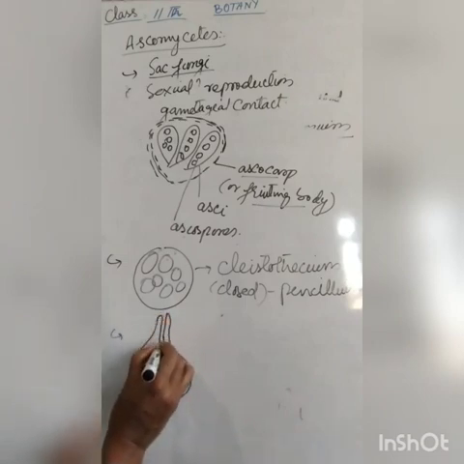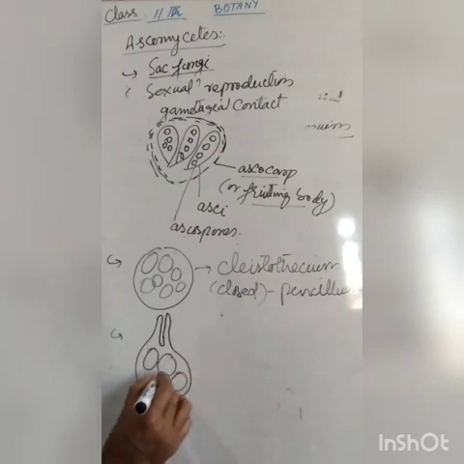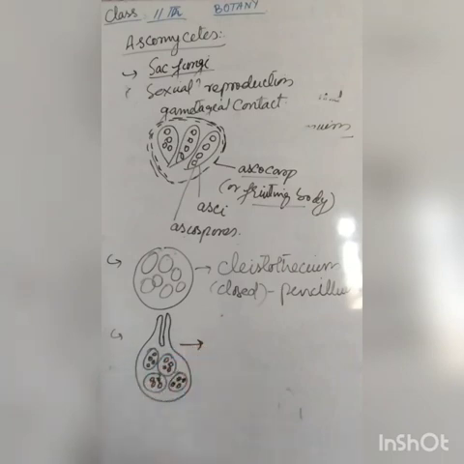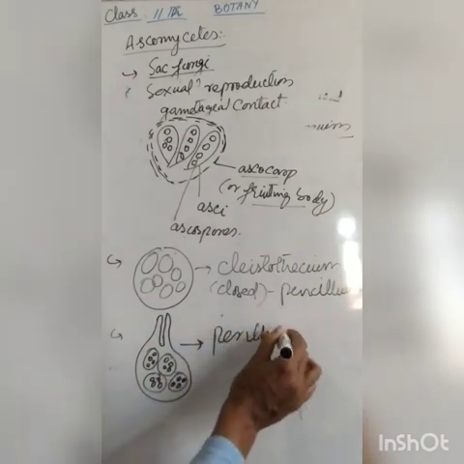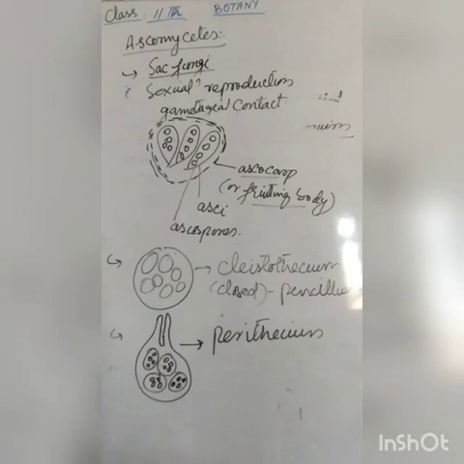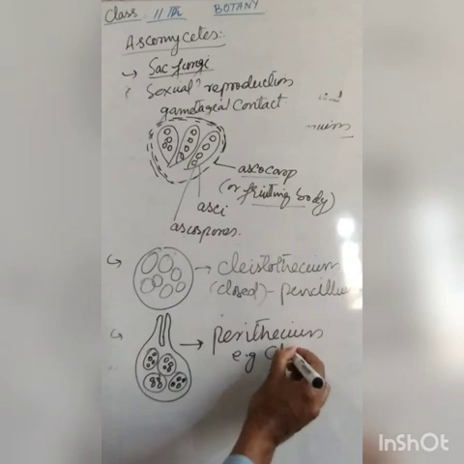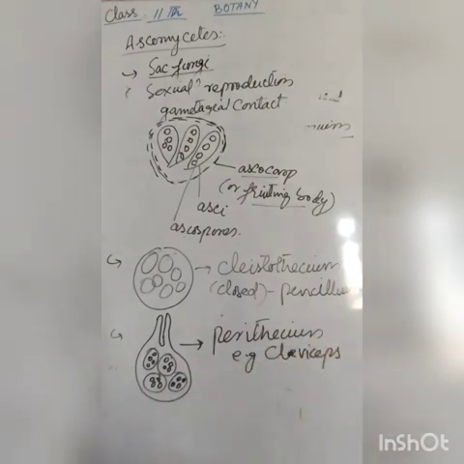This is flask shaped, and it has the asci inside this, and this flask shaped ascocarp is called perithecium. It occurs in the fungus Claviceps.